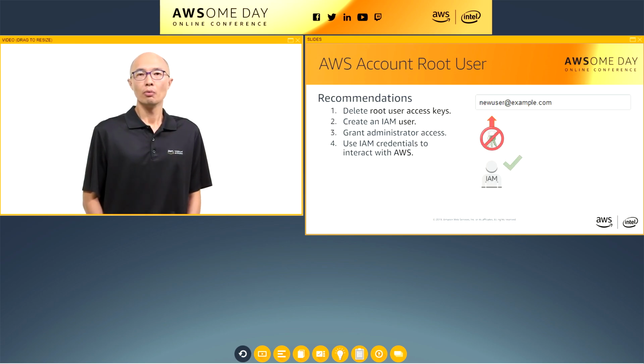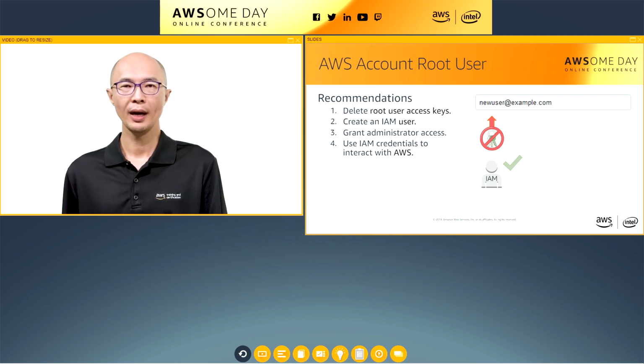Because you can't restrict permissions for root user credentials, it is recommended that you delete your root user access keys. If you require administrator-level permissions, create an IAM user, grant that user full administrator access, and then use those credentials to interact with AWS.